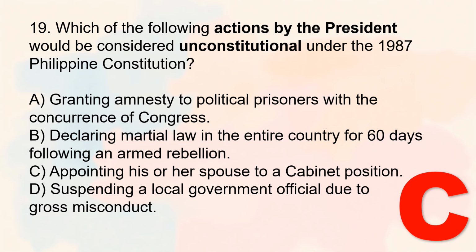So it's constitutional. For letter D, suspending a local government official due to gross misconduct is constitutional because the president has the authority to suspend local executives through the Department of Interior and Local Government or DILG subject to due process. Only letter C is unconstitutional.